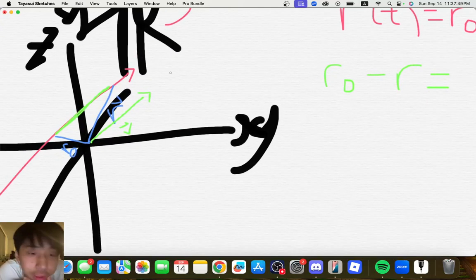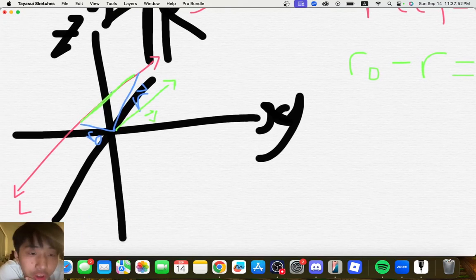V is simply just a vector parallel to L. It is not the length of this.